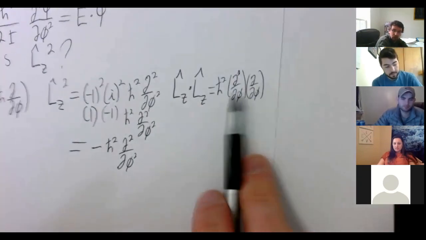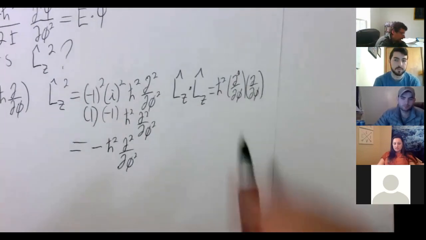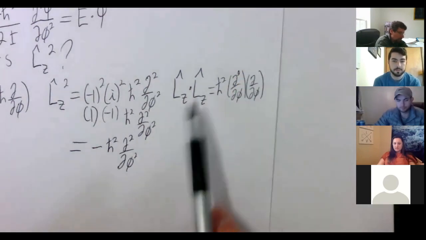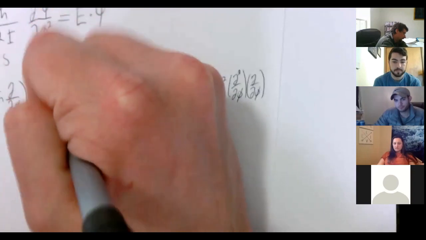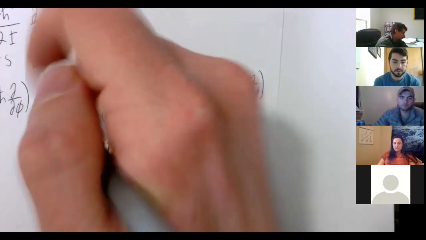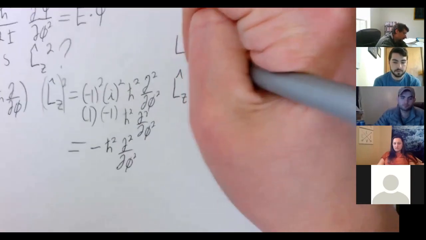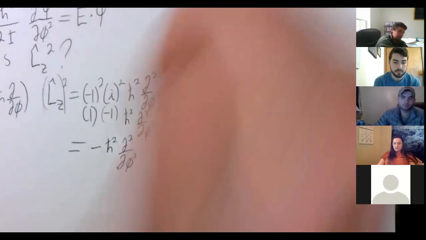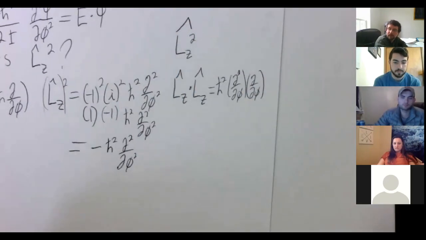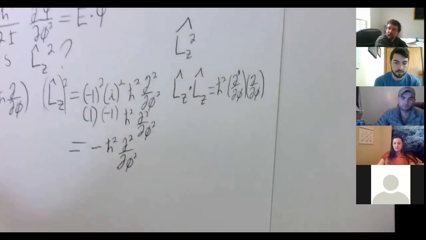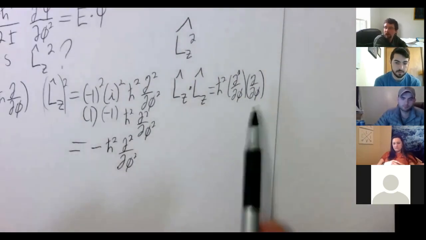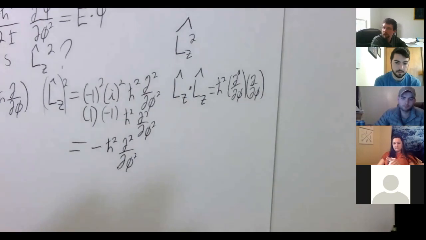If this is a real quantity, then you can put them together, but the order matters. What we're saying is it's L_z squared, the operator is this. It's just that the notation is a bit simpler that way. If there's nothing for that function to operate on, it just works out to be that way.